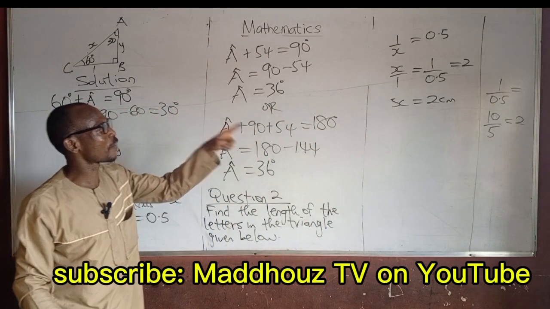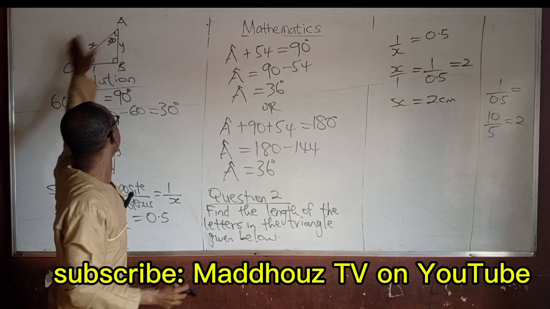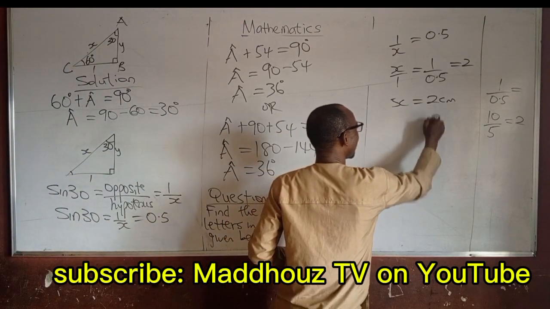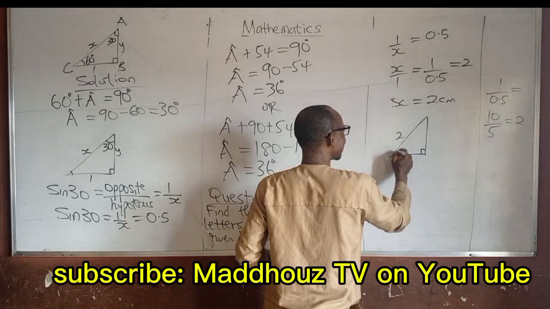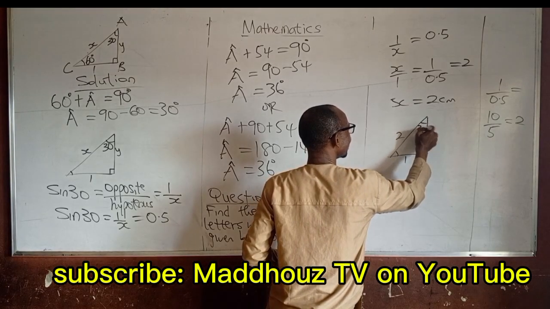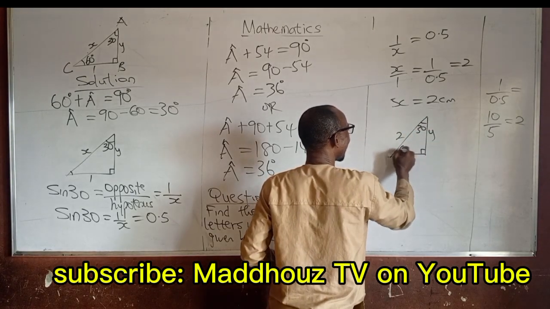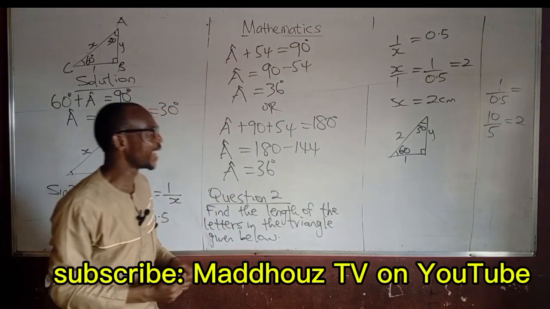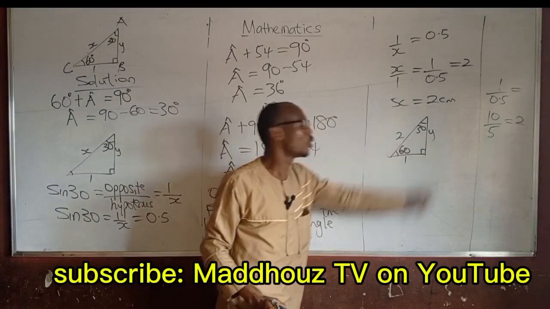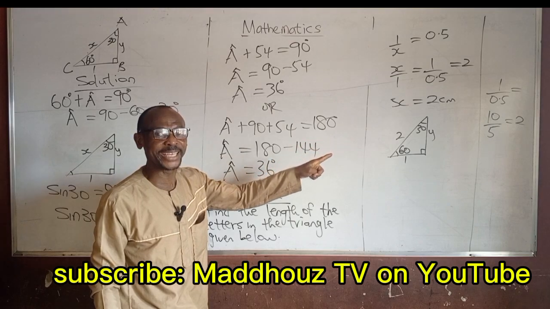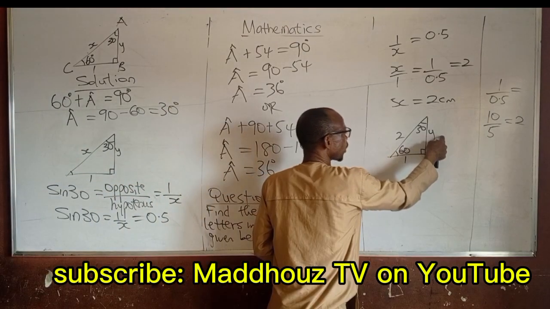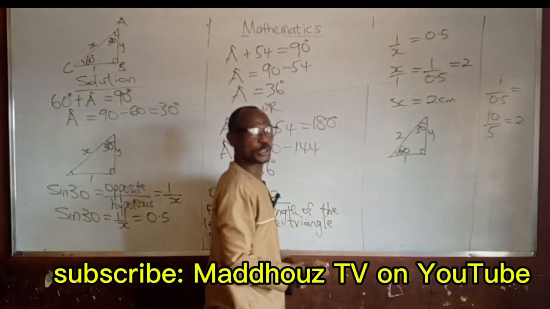Now that we have the value of x, the triangle will look like this: 2, 1. This is 30, this is y here, and this is 60. Now we want to look for the value of y. Sine is opposite over hypotenuse.